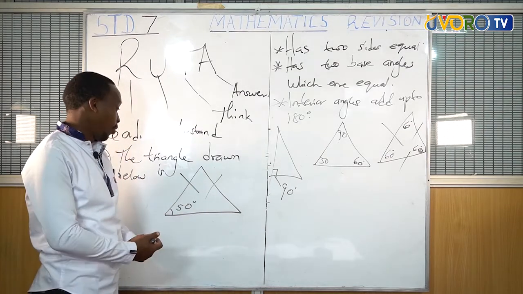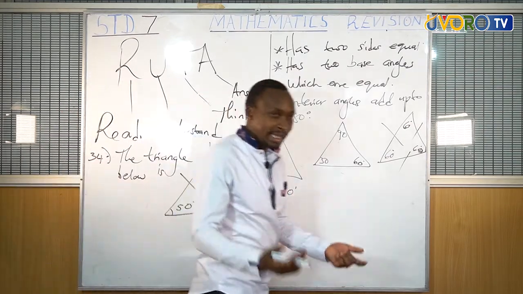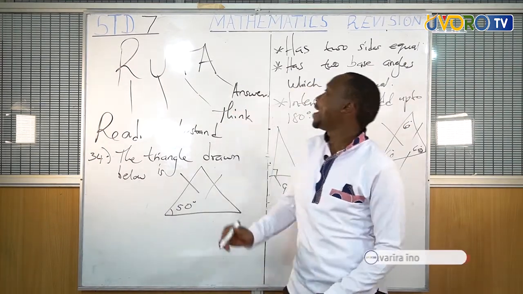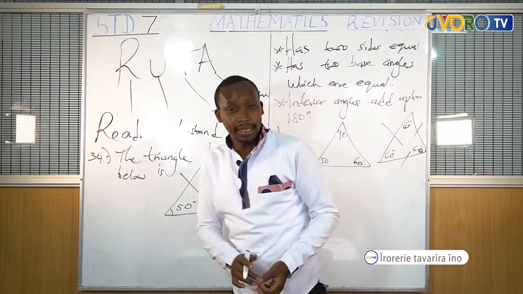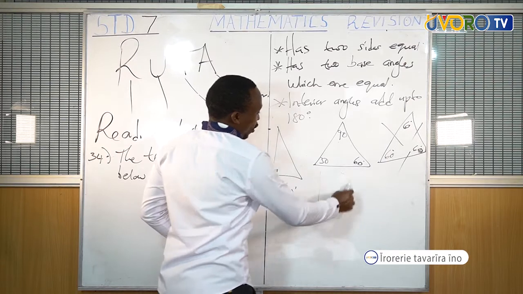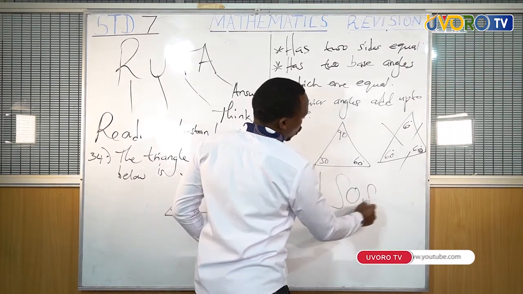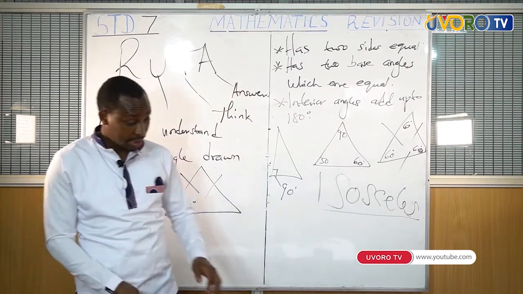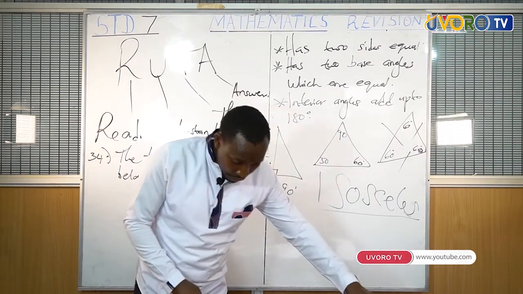Two angles are equal. Two sides are equal. Interior angles add up to 180 degrees. It is known as isosceles. Very good. Isosceles triangle. That is the name of that figure.